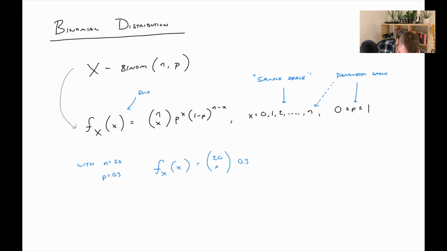What is it? 0.3 to the x, 0.7 to the 20 minus x. And this is valid for x equals 0, 1, 2 through 20.